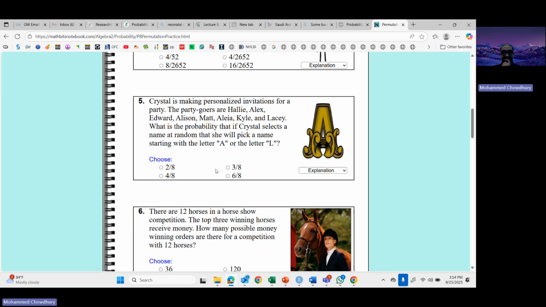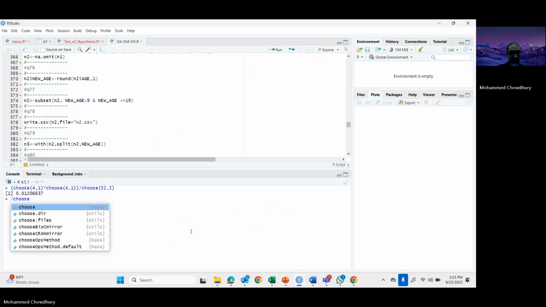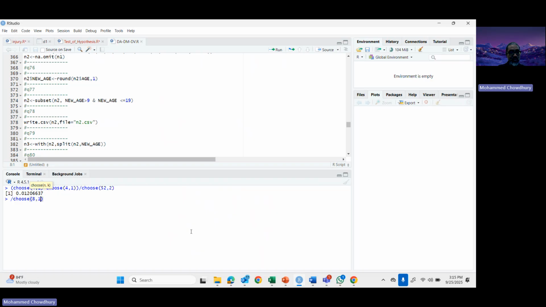What is the probability that if Crystal selects a name at random, she will pick a name starting with the letter A or letter L? So 8 choose 1. In the denominator, it should be 8 choose 1, right?